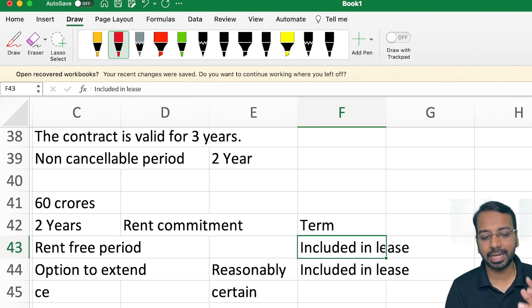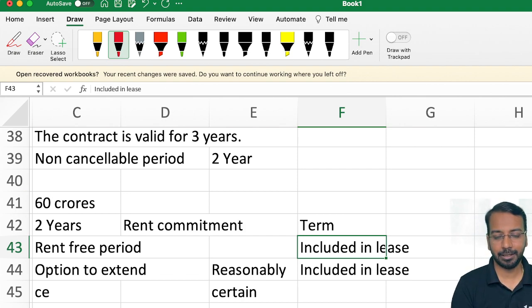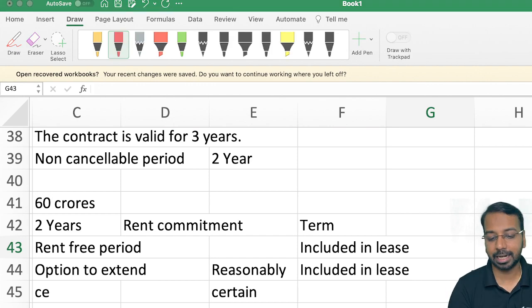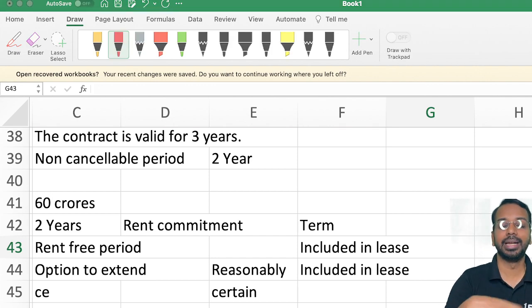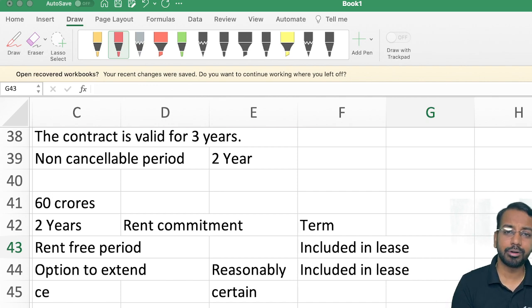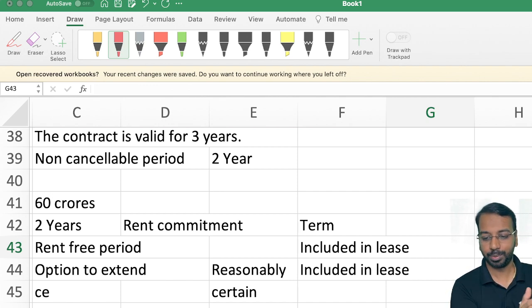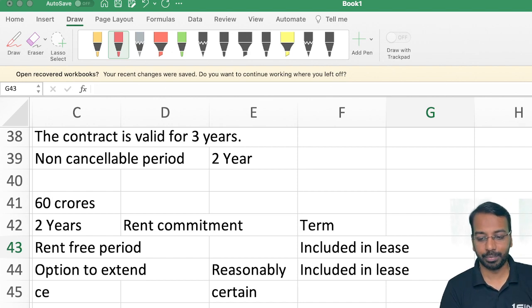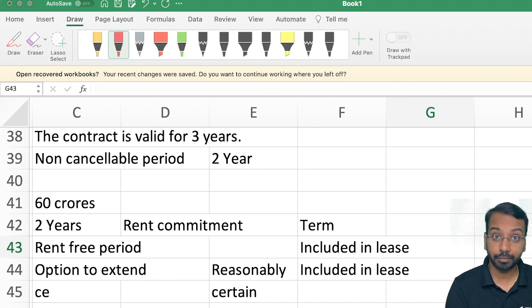Why are we including that in the lease term? See, if I am a lessee, if I have spent a lot of money in creating that particular asset, in building those interiors and all of that, I would want to make maximum use of it. For example, I keep telling my students about the studio that we have built. To build the studio, we have spent a lot of money.